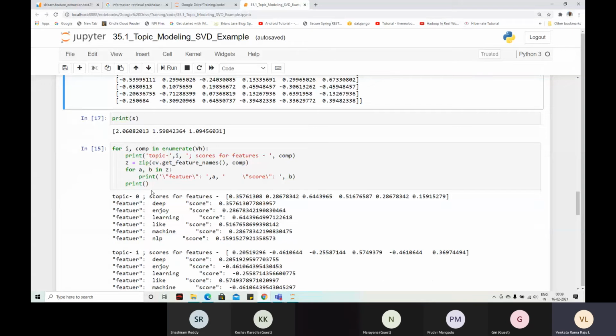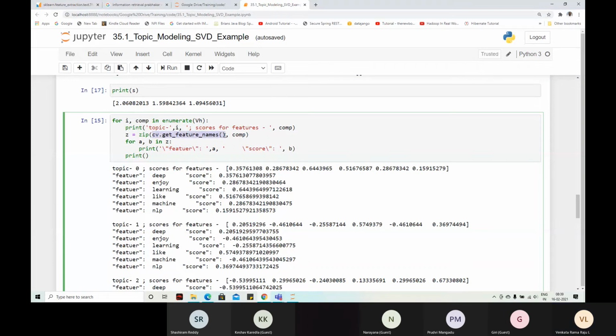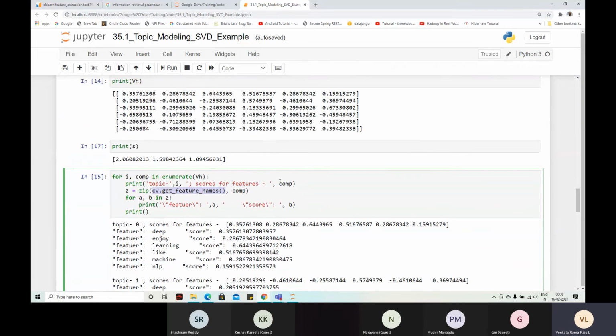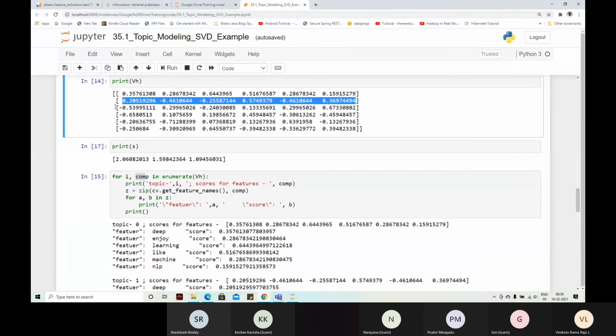Now what I need to do is to find out the topic, the top topic. I need to take the features and these rows. So the VH is the matrix here, and there is an index, there is a component. That's the component.